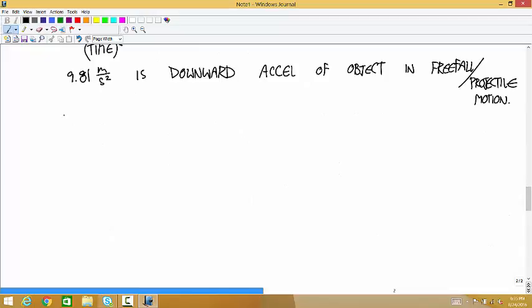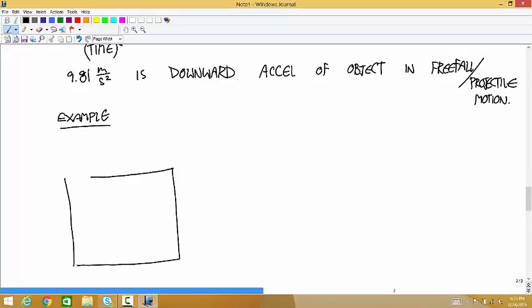Okay, let's do one more example. And actually, I'll write this up here, and why don't you see if you can think through this problem. So let's say that you have a box, so it's a cube, all the lengths are the same.